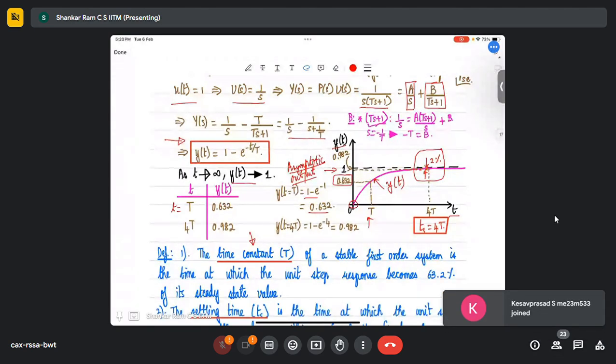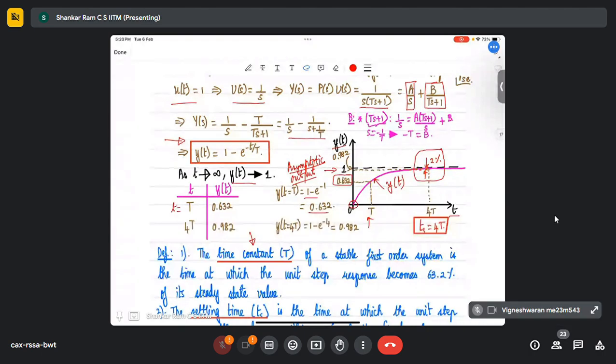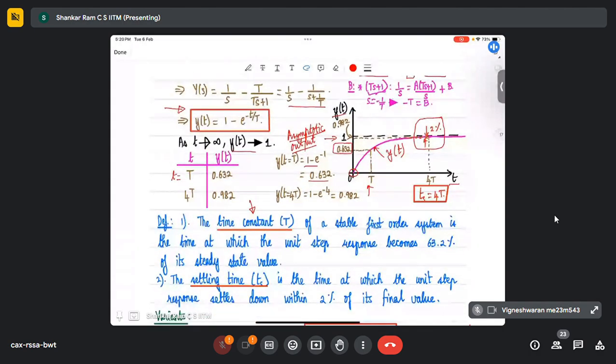So that's a 2% band which you and I consider. And then we ask ourselves the question, what will be the time that elapses before the output trickles down to 2% of the final steady state value, or in other words, 98% of the final steady state value.